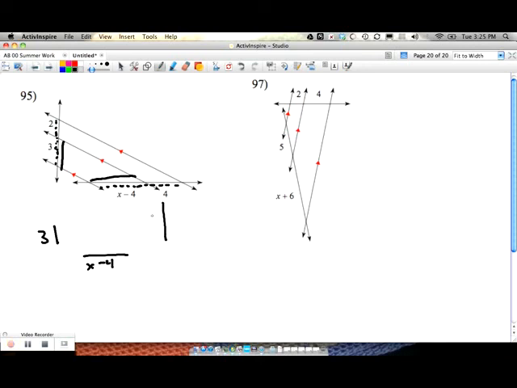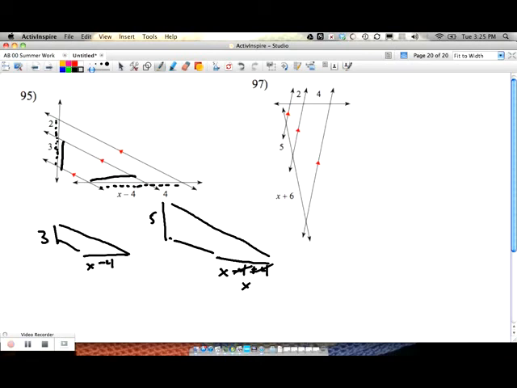Then for the big ones, we got 3 and 2, so that's going to be 5. And for this big one, it's going to be x minus 4 plus 4, which is really just x. Okay, that's actually kind of convenient that some of those things cancel out.